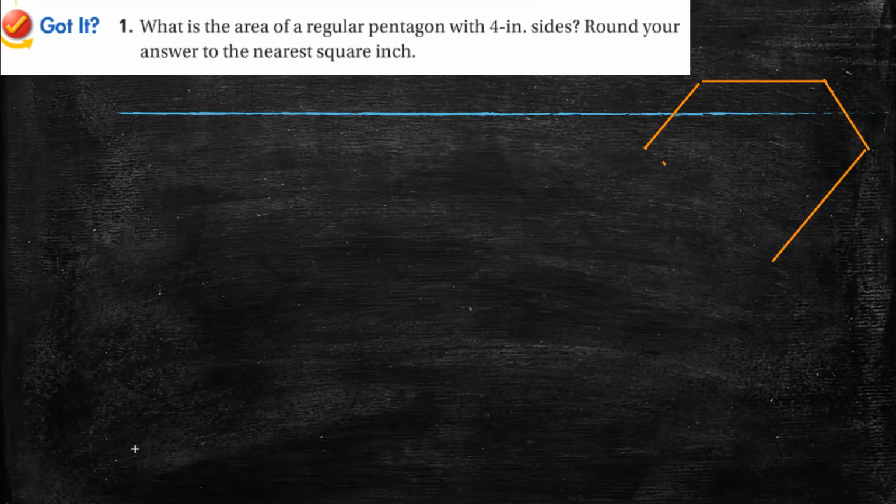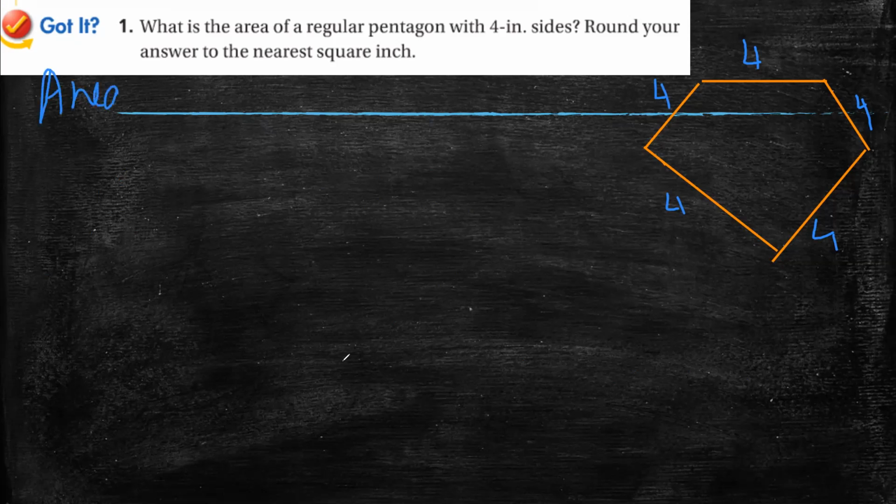The side here is 4. So I need now to find the area.